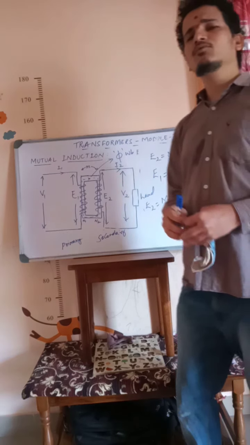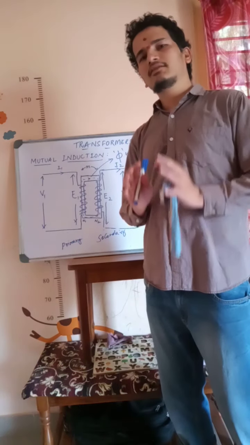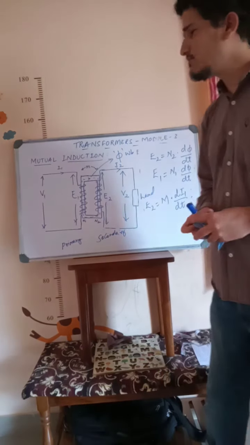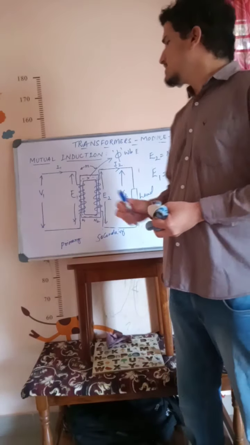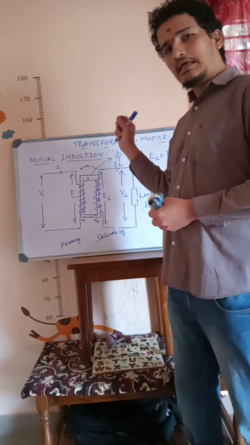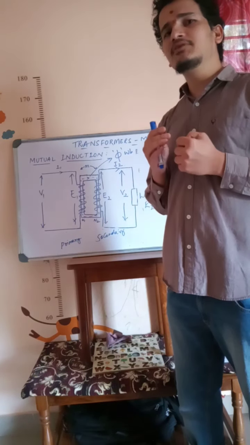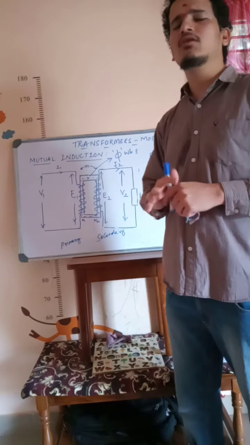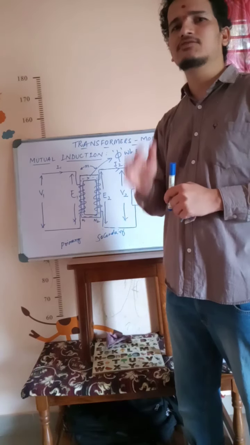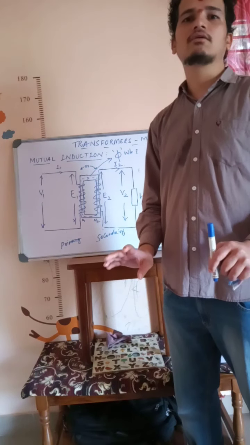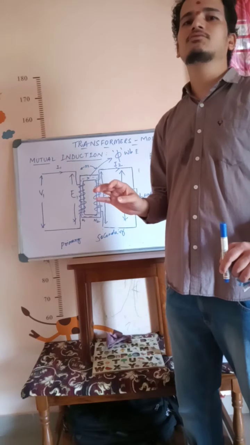So now you can define, by this inference, what a transformer is. A transformer is a static device. Static means stationary; no part in the transformer is rotating.